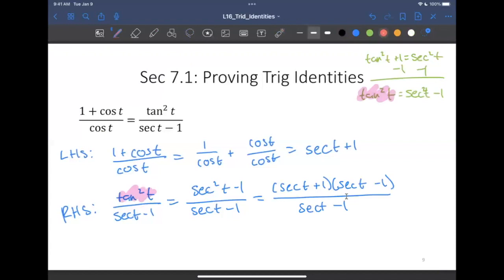Notice we have a secant t minus 1 in the numerator and in the denominator, so they cancel out, and we're left with secant t plus 1, which is exactly what we got on the left-hand side. Okay, so that then proves our trig identity.